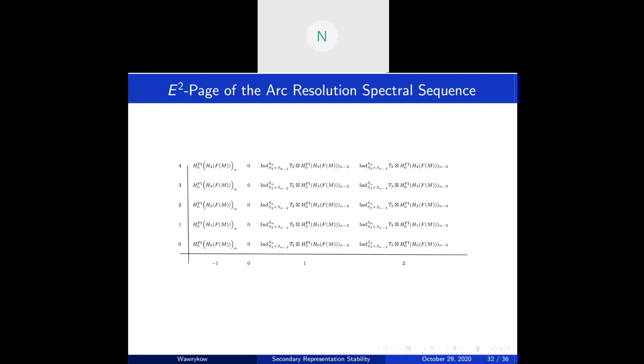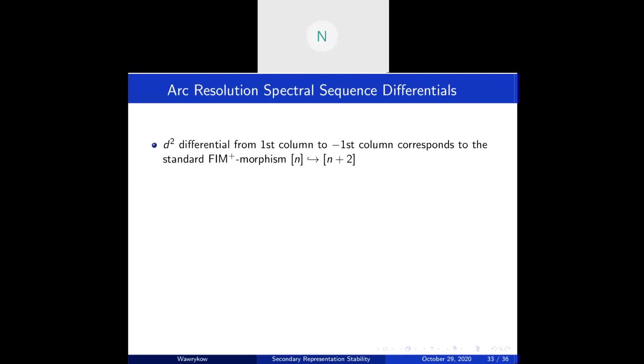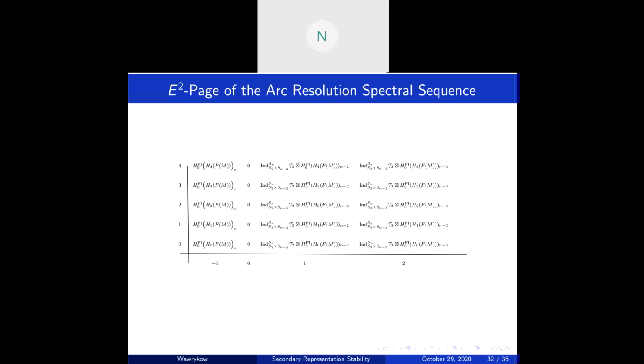So we also need to consider the differentials because the differentials are going to define a lot of this. So the D2 differential goes from the first column to the minus first column. I don't know who's familiar with spectral sequences, but for the D2 differential, you take something in one column, you go 2 to the left, so you go from the first column to the negative first column, and you go up one row.